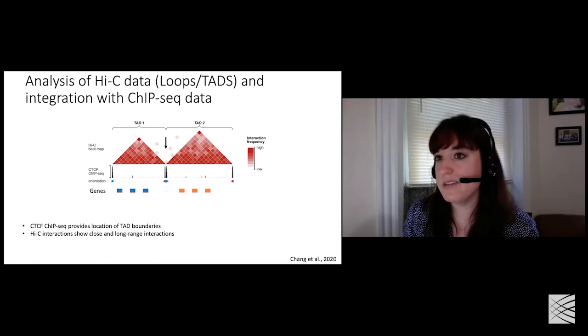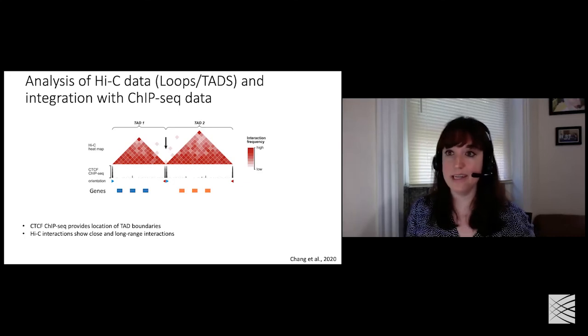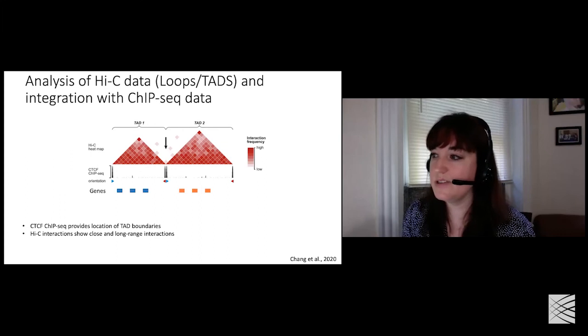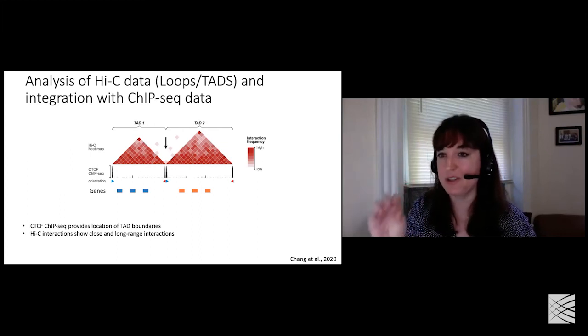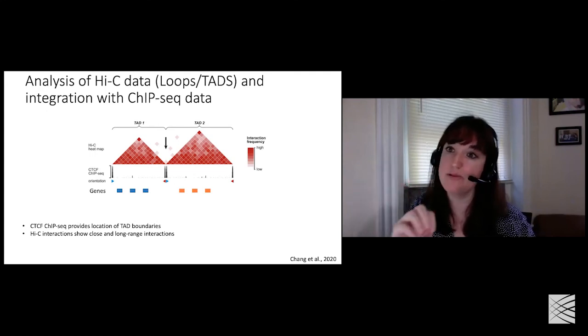And then within the TADs, you have what are called loops. These loops are regions where pieces of DNA interact with each other inside the TAD, right? So the way Hi-C data is presented, you have your genome on the X-axis and the same genome on the Y-axis, and you plot which regions on the X-axis will interact with regions on the Y-axis.